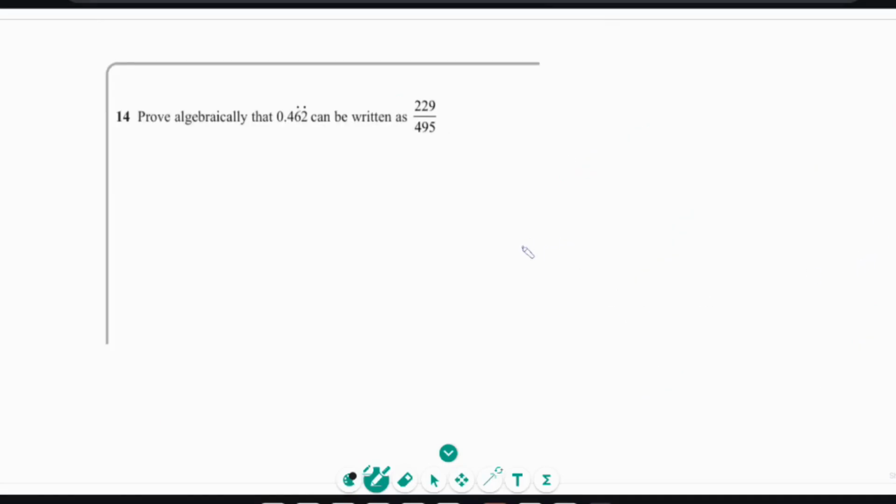Question 14. Prove algebraically that 0.462 recurring can be written as 229 over 495. So let x equal, I'm going to write this out in full. It's just the 6 and the 2 recur because the dots are over the 2. Because it's a double digit recurring, I'm going to multiply it by 100.